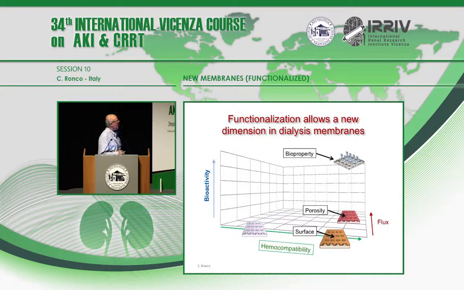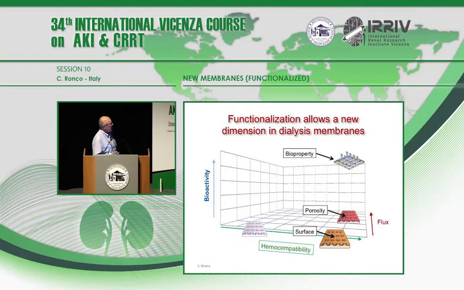We started with the first membranes, with very low biocompatibility. Cuprophan membrane had a lot of problems in terms of leukocyte reaction and so on. We tried to improve this by treating the surface, making it more hydrophilic, and improving also the content of the polymer that was synthetically derived and less bioincompatible.